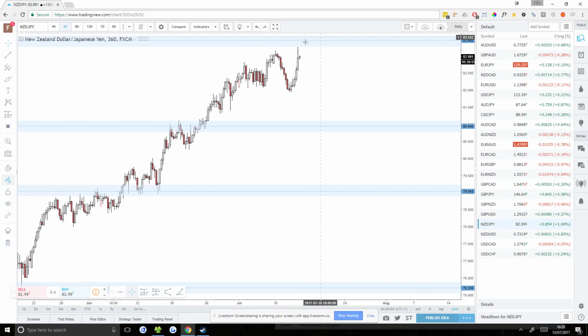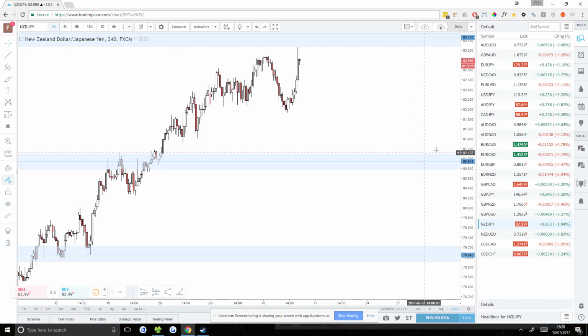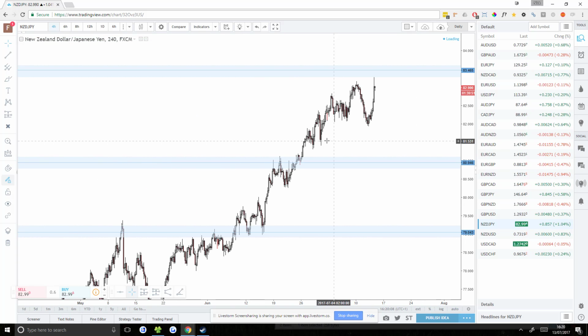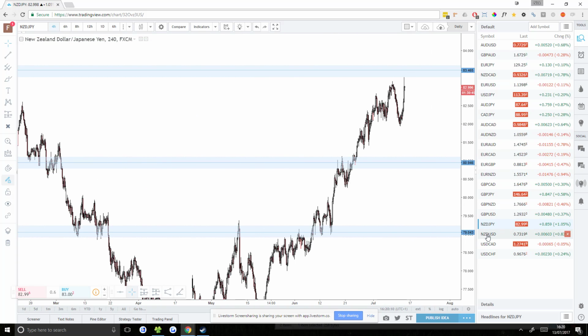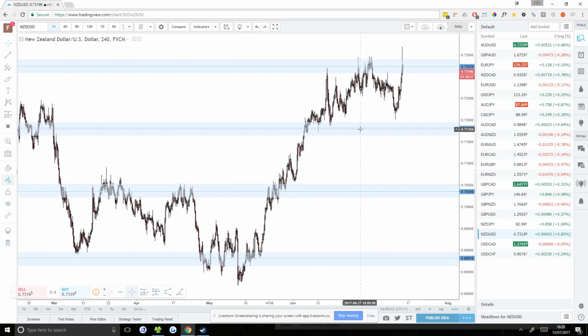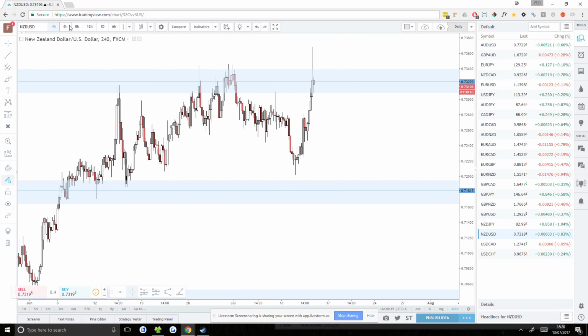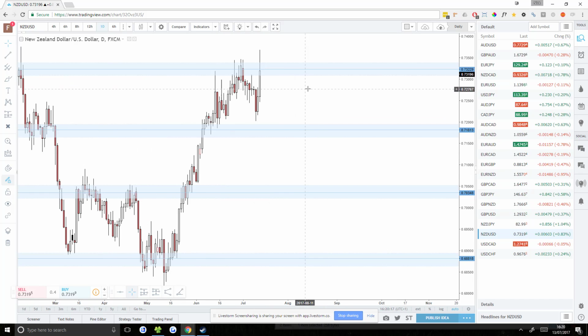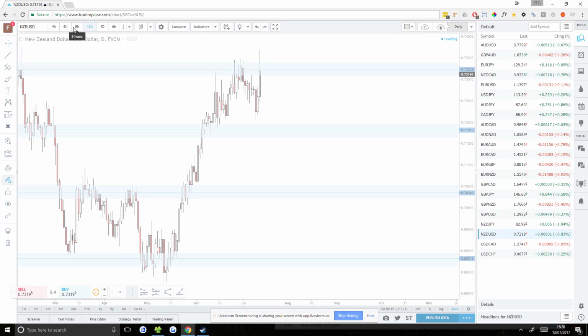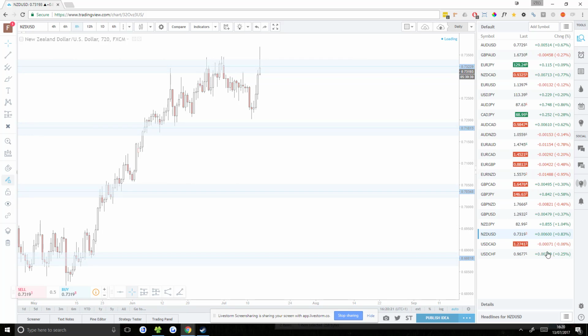I've been waiting for New Zealand JPY to hit this resistance area for a while, and it just isn't doing what I want it to do. New Zealand USD, it did a big spike up through this resistance area, but there's not really much that we could do with this at the moment.